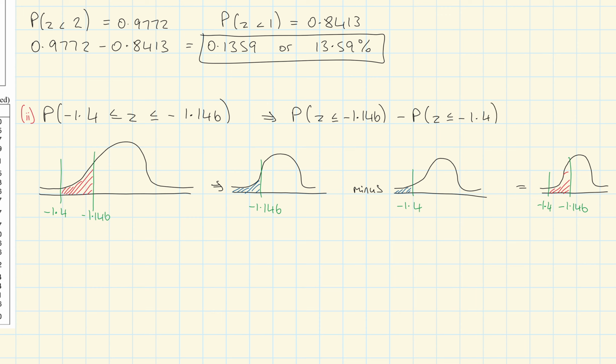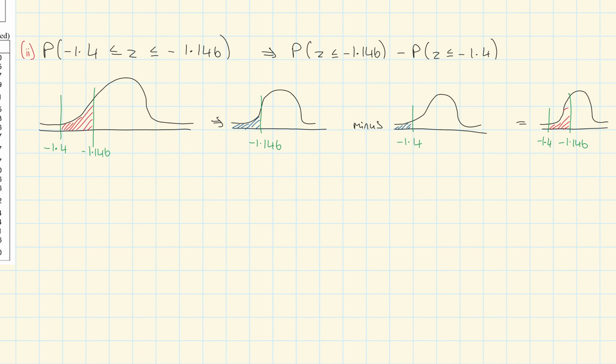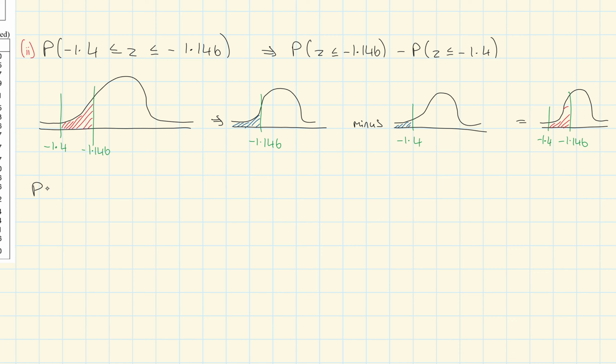Okay, now we see that both of these are negative signs, so we need to deal with that. So we have the probability that Z is less than or equal to minus 1.146. Changing the sign forces us to change the inequality: greater than or equal to 1.146, which we know we can't figure out, so it's 1 minus the probability that Z is less than or equal to 1.146.